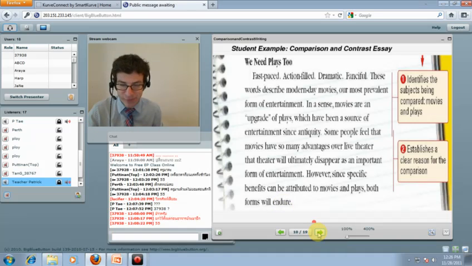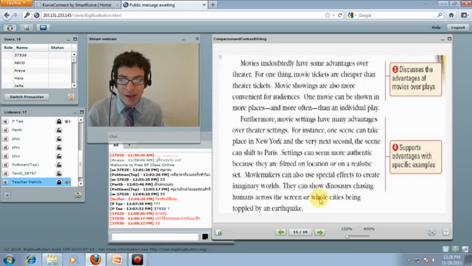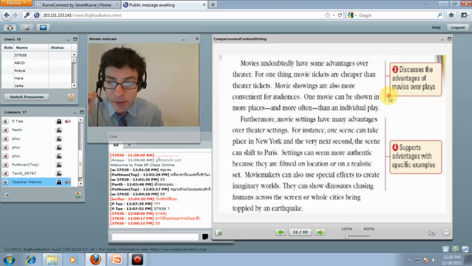Let's go to the next page of the essay. Okay, first off, we're talking about movies. Specifically, as we'll see in point number 3, the advantages, or why movies are better than plays. That's what this first paragraph is going to be about. So, let's read. Movies undoubtedly have some advantages over theater.